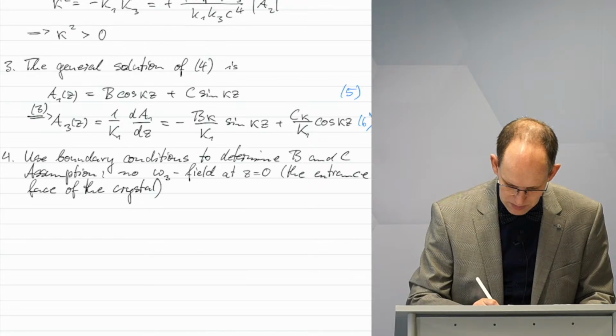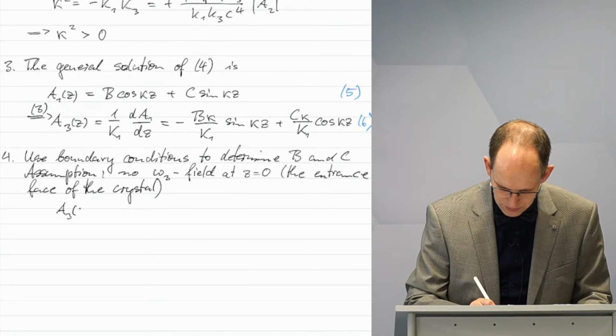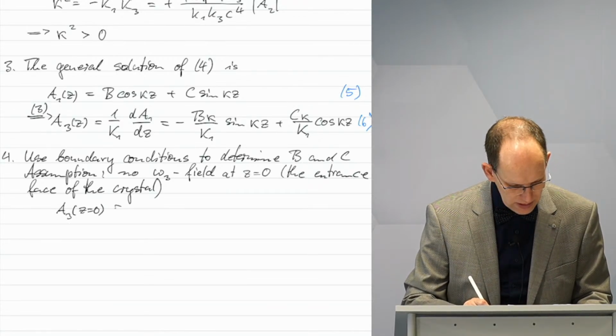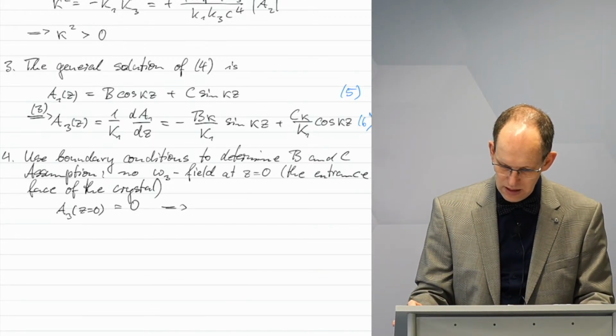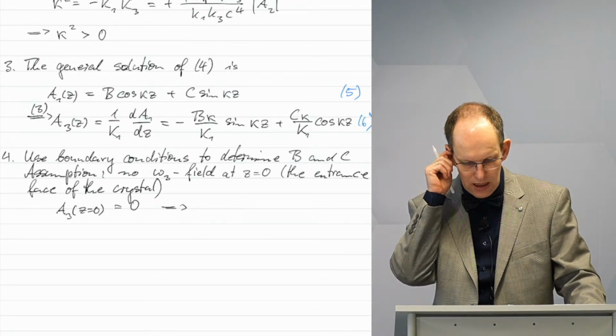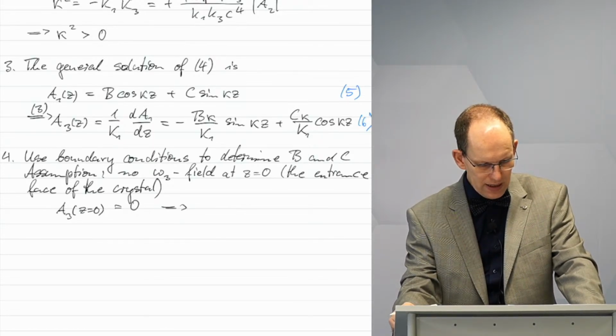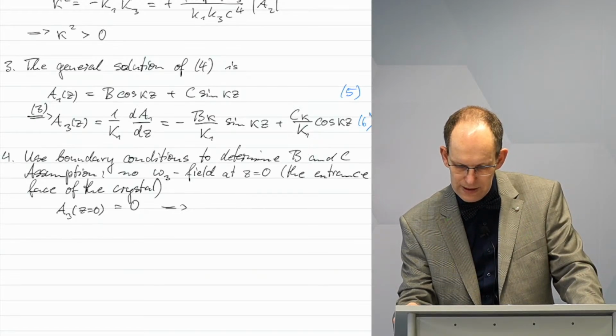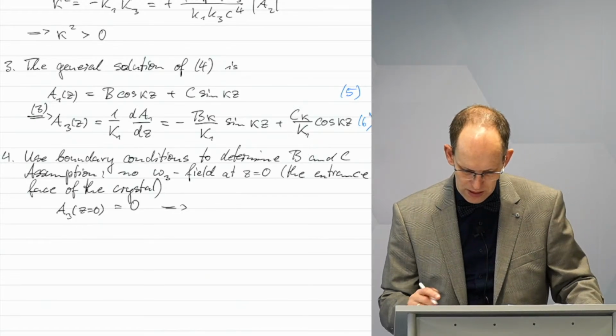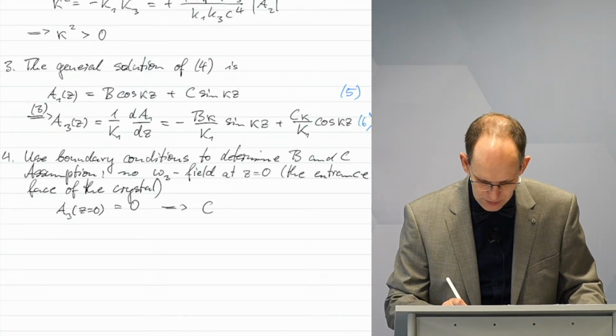This means that A3 of Z equals 0 is assumed to be 0. Now if you look at this equation 6, then we find that C must be equal to 0, otherwise we would not have 0 for A3.